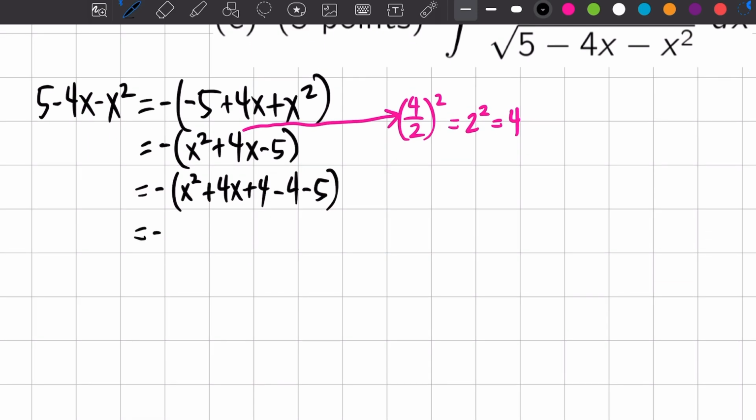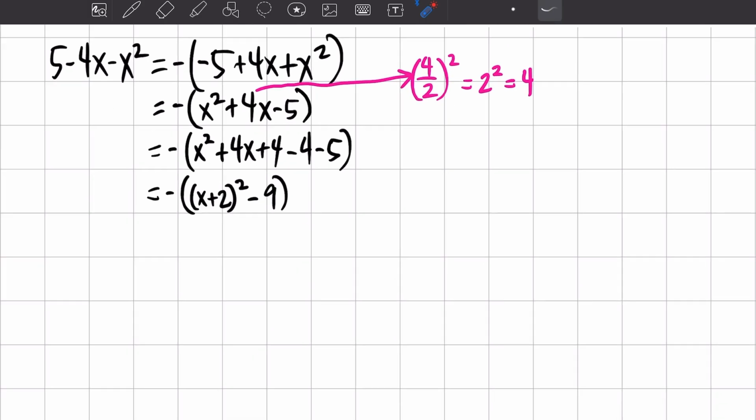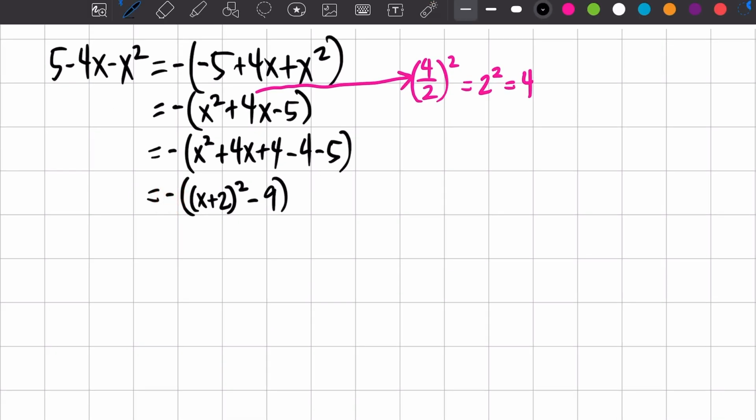So you have the negative of x squared plus 4x plus 4, which is just x plus 2 squared, then minus 4 minus 5 will give you a minus 9. Then finally, distributing this negative sign right here, we have 9 minus the quantity x plus 2 squared.